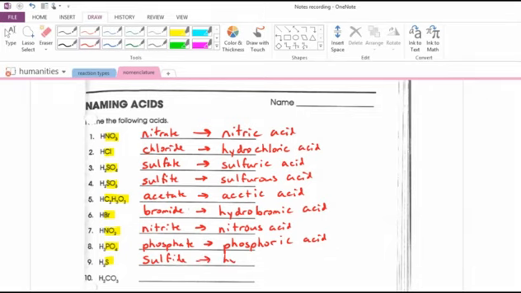So we use the prefix hydro. So it's hydrosulfuric acid. CO3, carbonate ion. So we change it to IC. Whoa, that's not right. Carbonic acid.